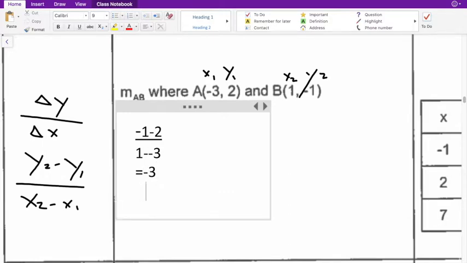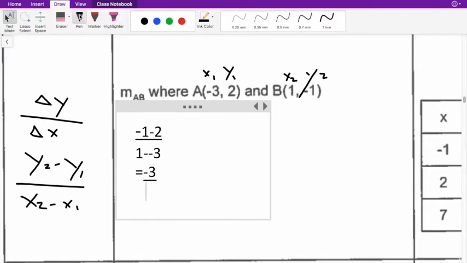And that's going to be over negative 1 minus negative 3. So that's going to turn into a plus. Two negatives make a positive. So we're going to get a 4. So our slope of m is going to be negative 3 over 4.